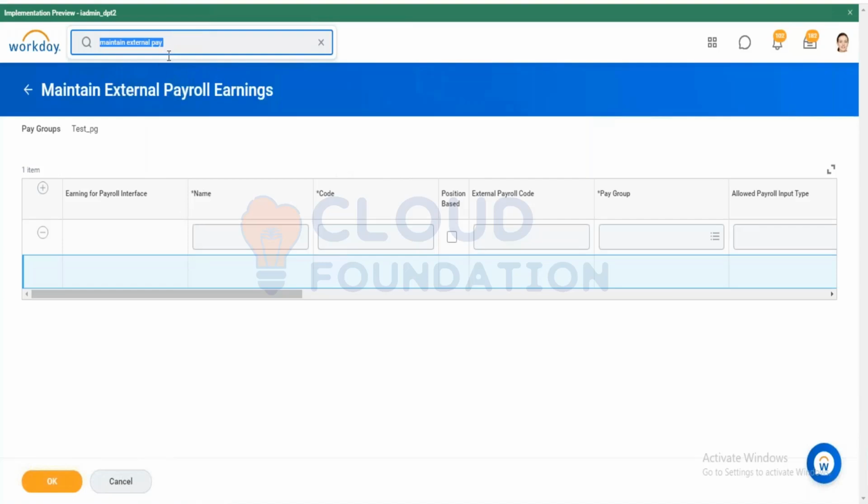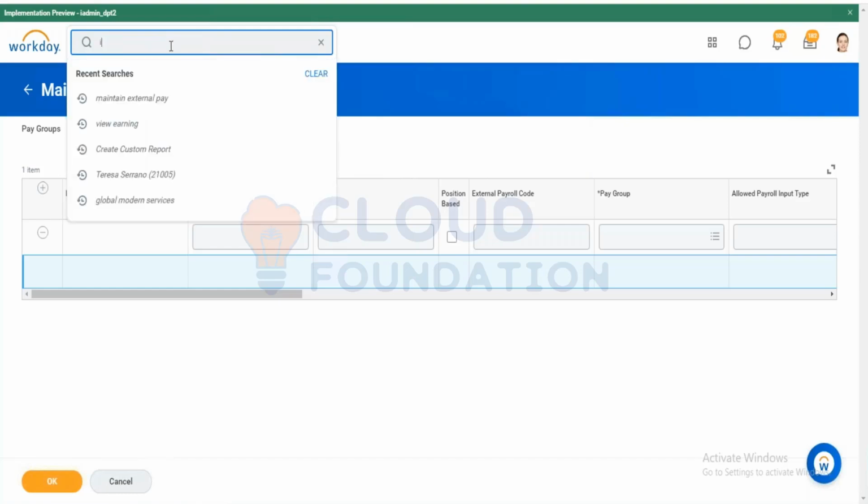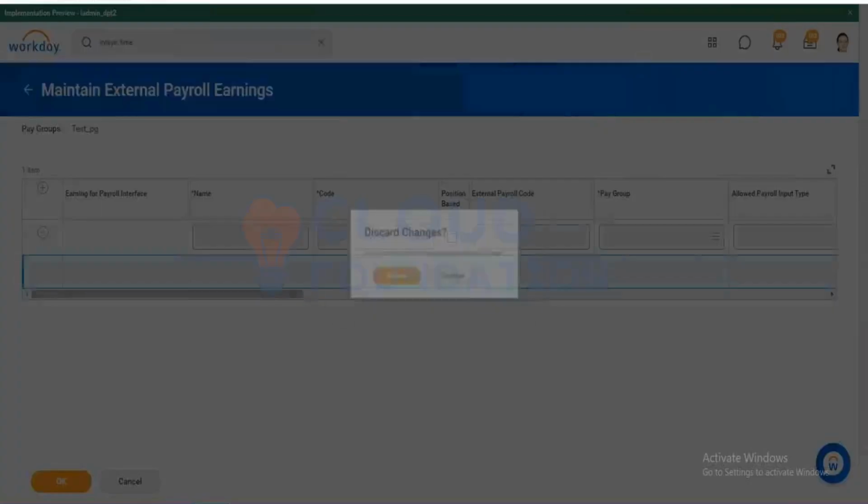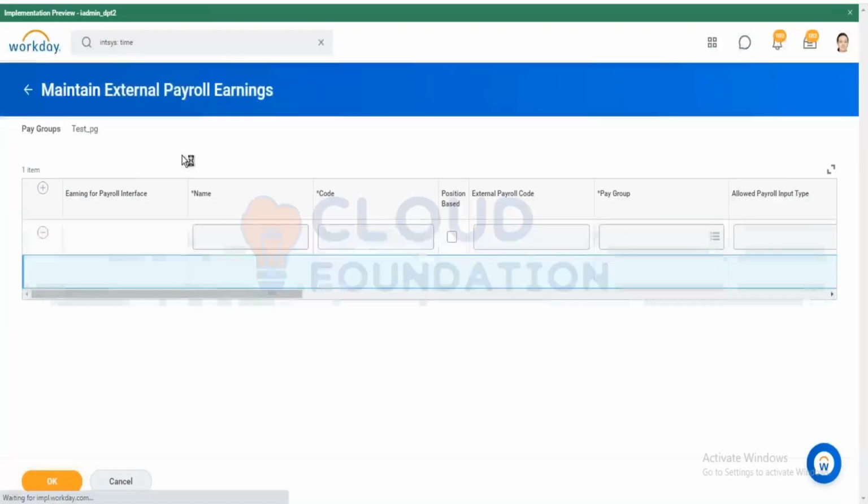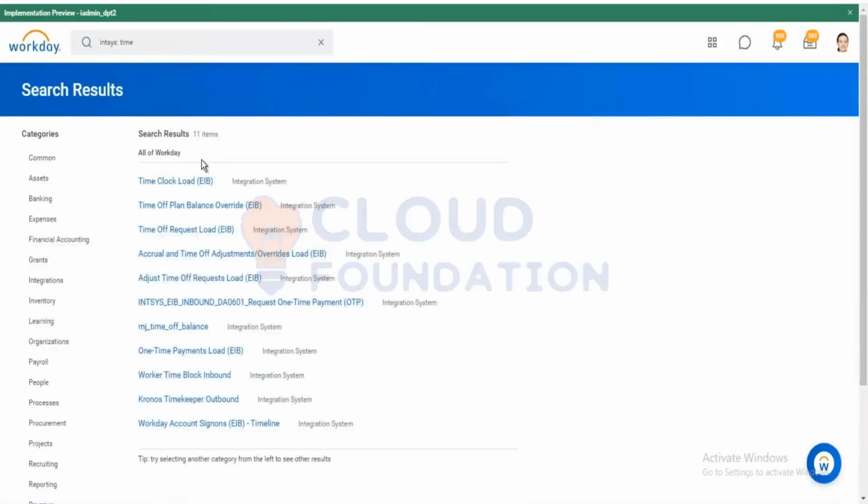For that there is an integration. First, the functional area time calculation hub should be enabled, and the integration would be inbound time integrations. Let's see if they have it or not. Those are known as batch integrations, for example, time clock load. This is a batch integration.